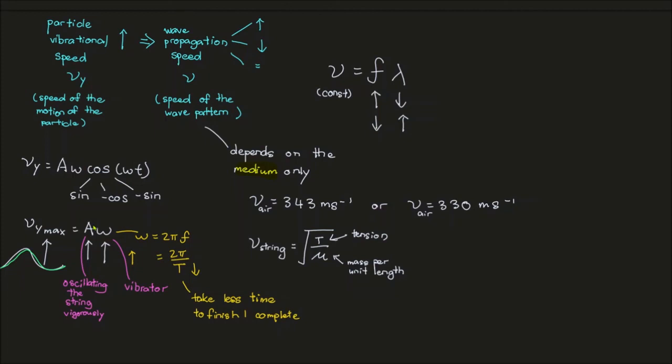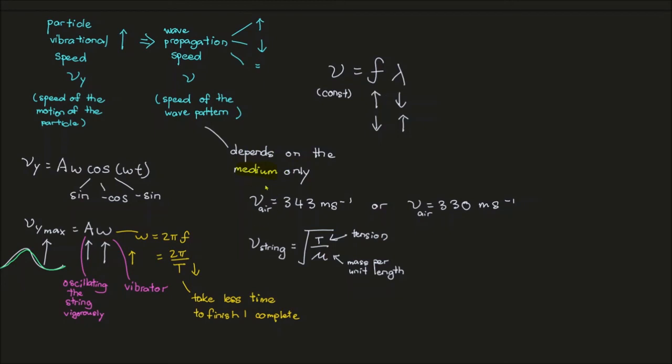Then essentially you are changing the particle vibrational speed. So I hope you see the pattern here. If you are talking about particle vibrational speed, you change it by manipulating the wave being produced on the string, on the medium. But if you want to change wave propagation speed, you have to change the medium.